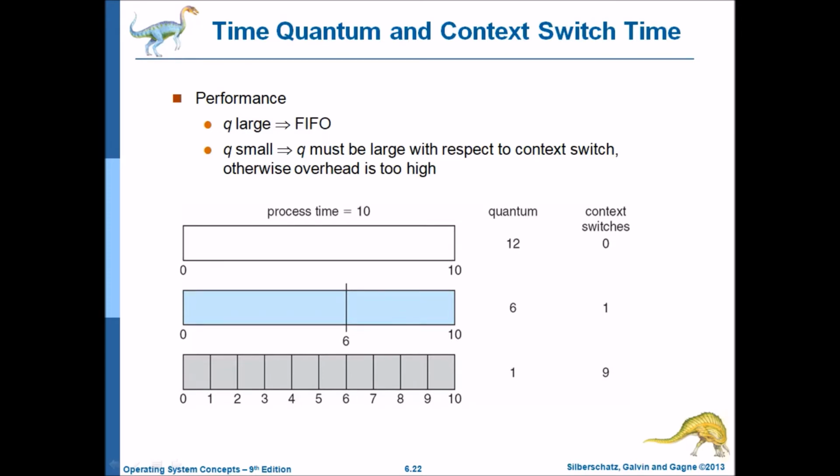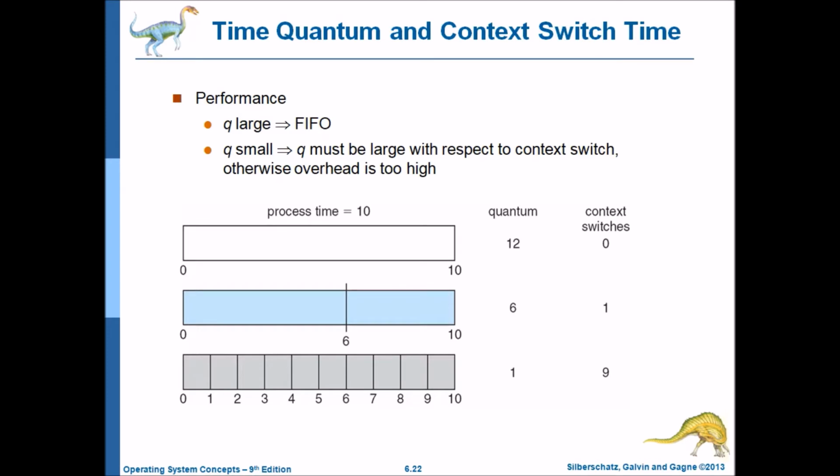As we can see in the figure below, for a process with a burst time of 10, a time quantum of 12 gives no context switches, a quantum of 6 gives 1 context switch, and a quantum of 1 gives 9 context switches.